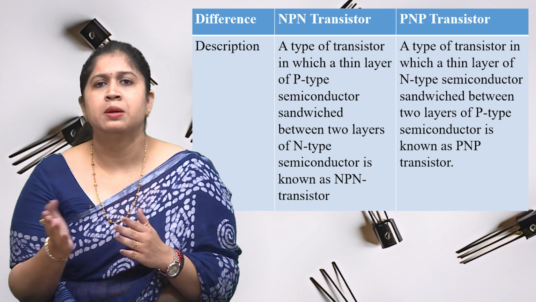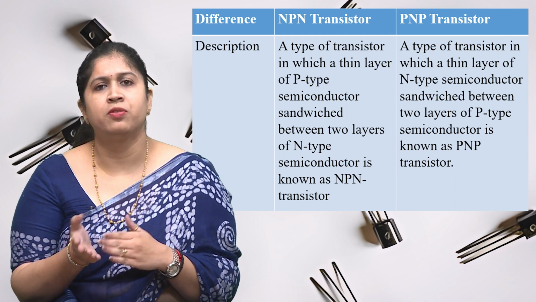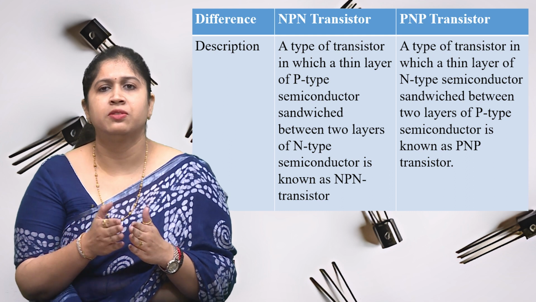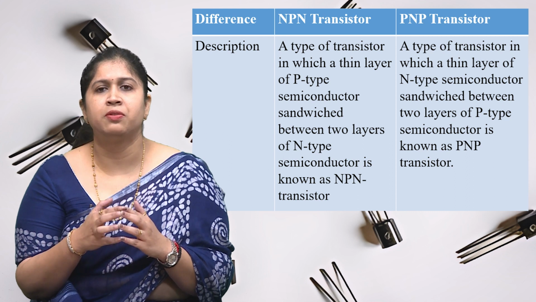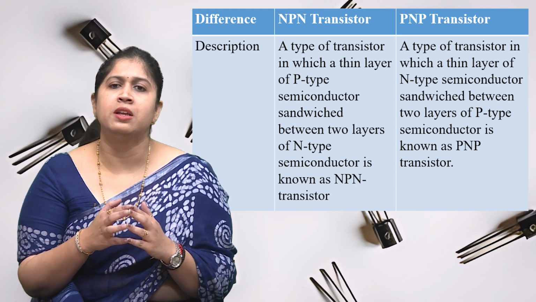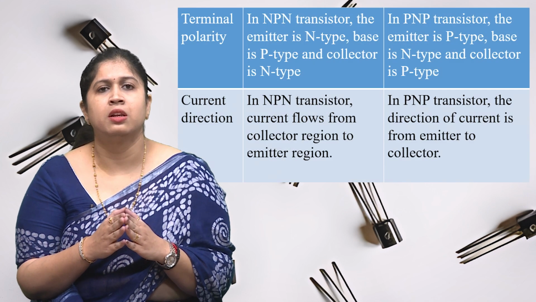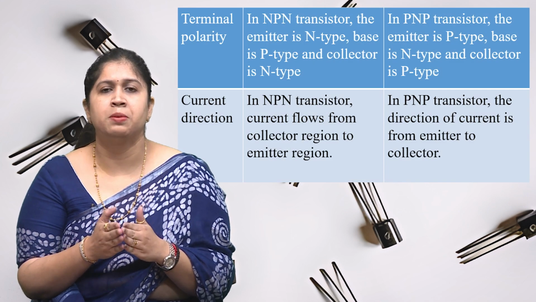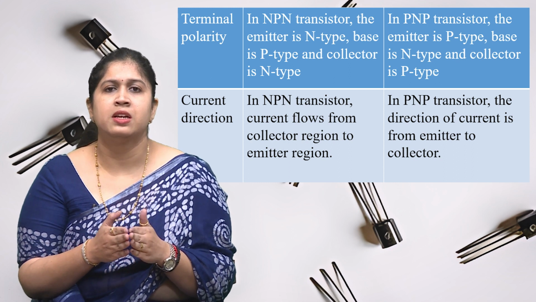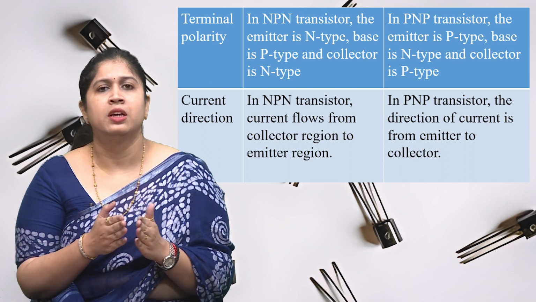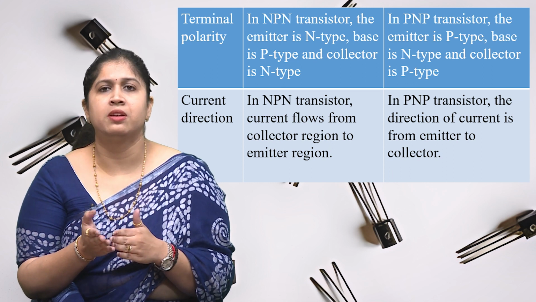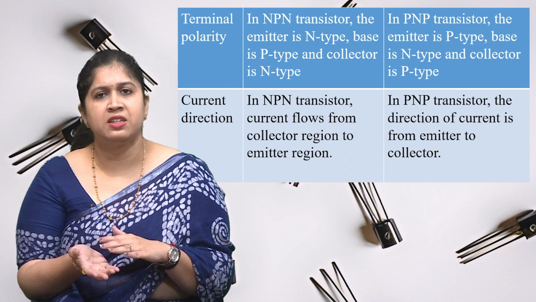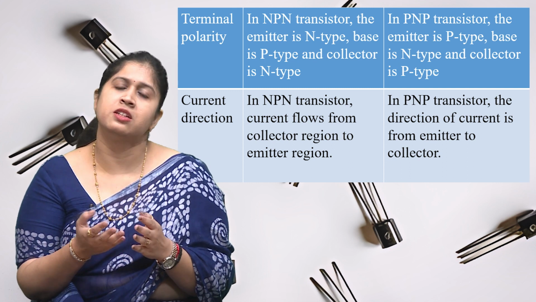On the other hand, PNP transistor is a type of transistor in which a thin layer of n-type semiconductor is sandwiched between two layers of p-type semiconductor. Now we discuss the terminals. In NPN transistor, the emitter is n-type, base is p-type and collector is n-type. On the other hand, in PNP transistor, the emitter is p-type, base is n-type and collector is p-type.